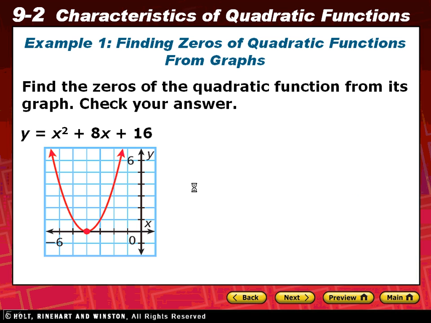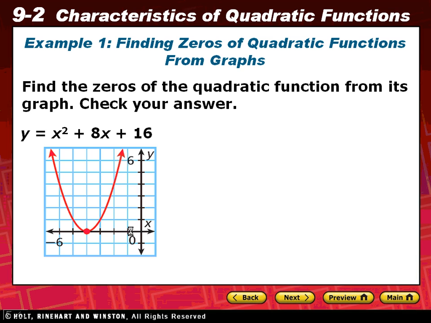So example number 1, finding zeros of a quadratic function from the graph. Here we have the graph of y equals x squared plus 8x plus 16. And you can see here that the 0 is right here. Here is the value of x when y is 0, because when y is 0, you're right on the x-axis.